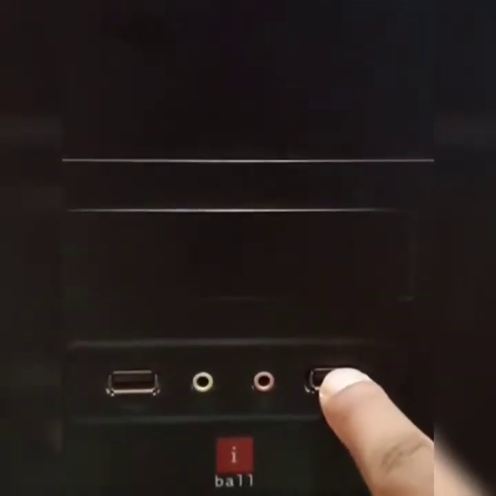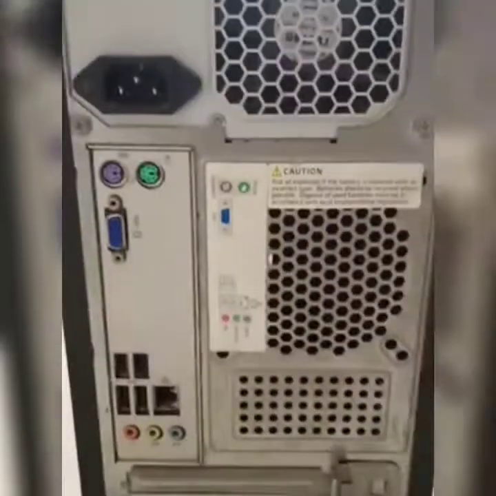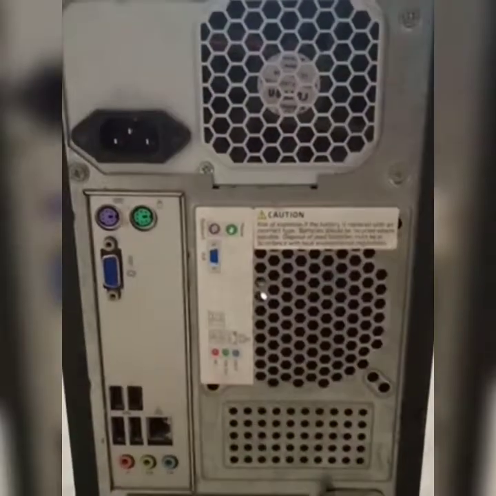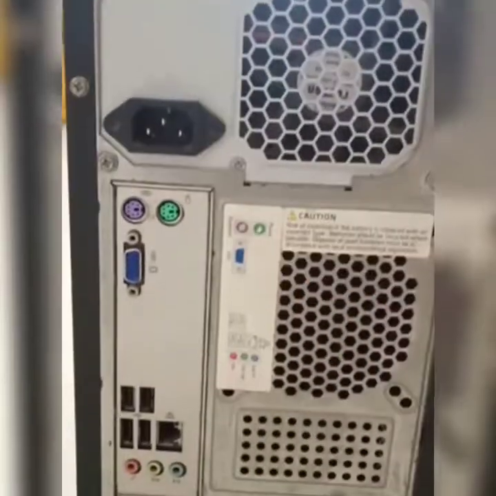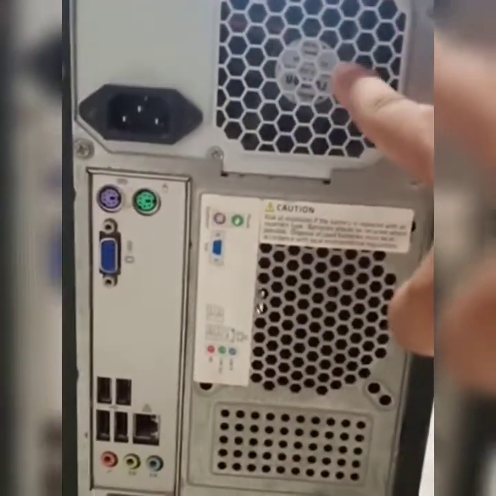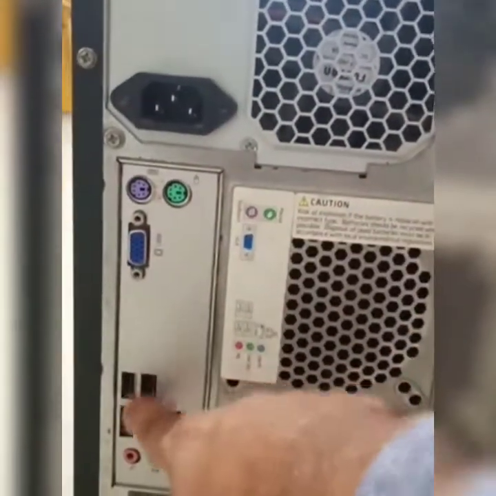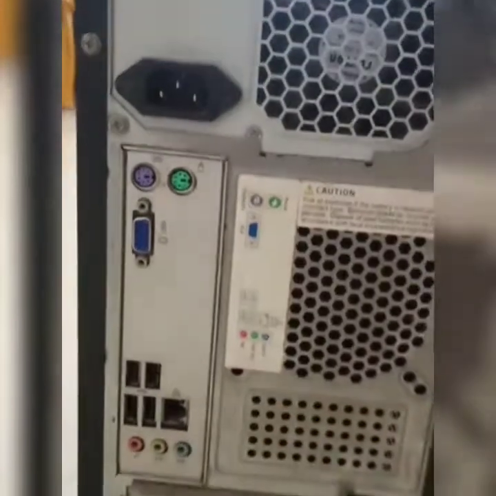These are a few of the ports. At the back of the CPU you can see a few more ports for extracting the heat from the CPU.